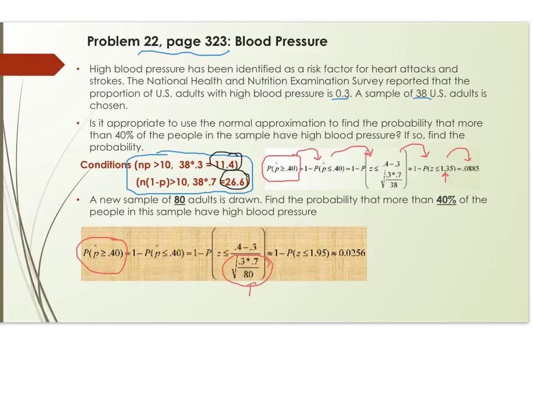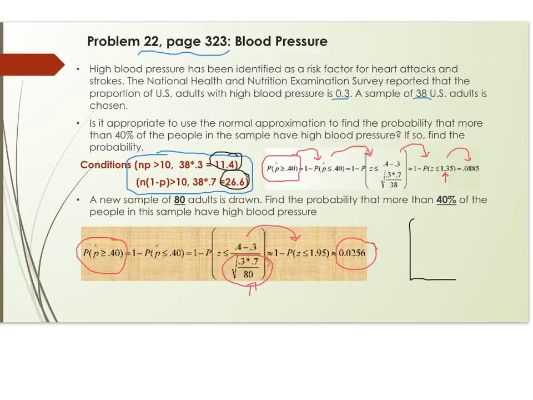Notice that this standard error is going to be smaller, so that makes z bigger. And when we do the calculation, 1 minus the probability that z is less than or equal to 0.195 is now about 2.56%.